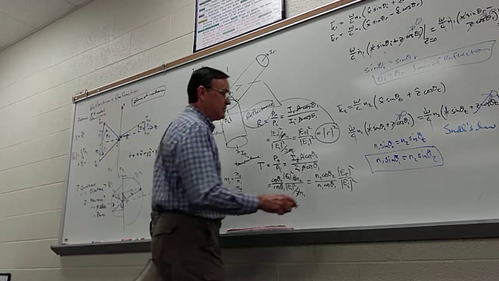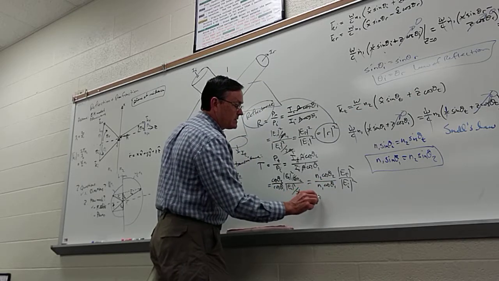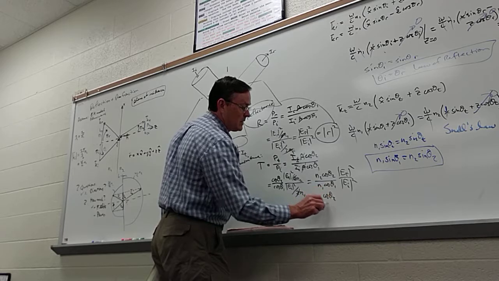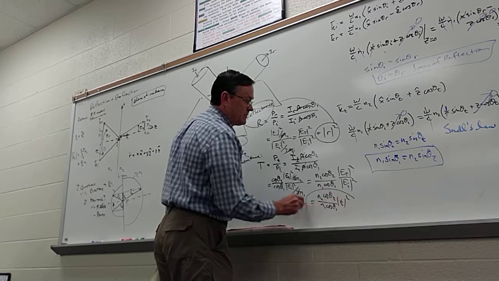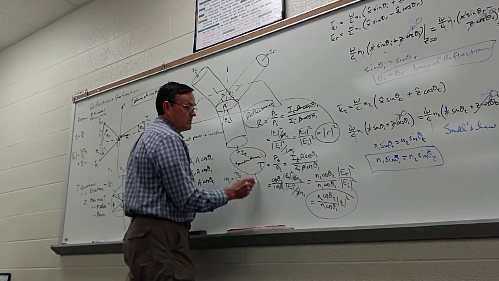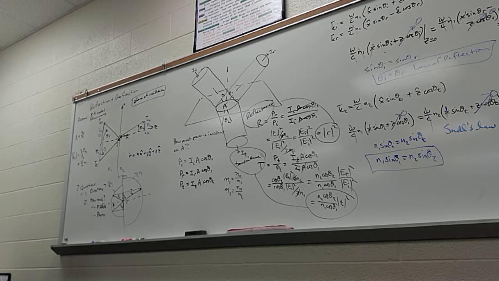And then substituting in for this, given that transmission coefficient, what I have is n2 cosine theta 2 over n1 cosine theta 1 times magnitude squared of t. So that is our transmittance. So notice the transmittance is not just the magnitude squared of the transmission coefficient. We also have that factor of, yeah, it's basically a geometric factor.